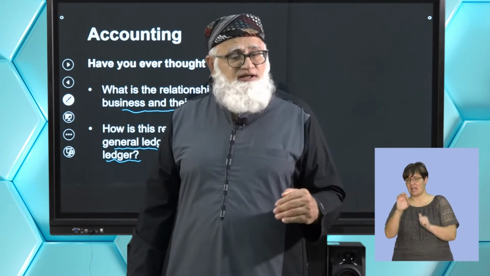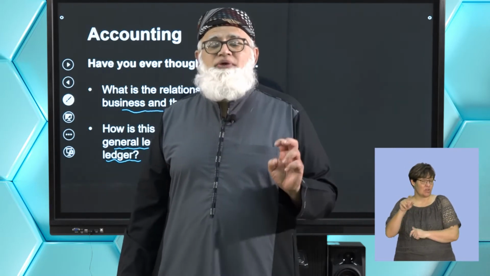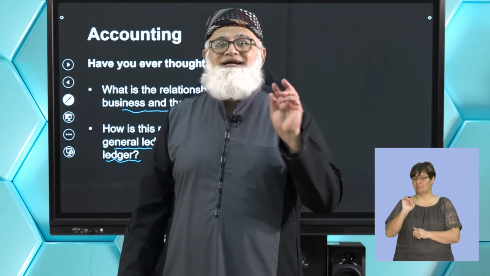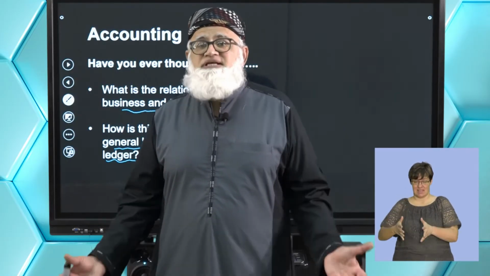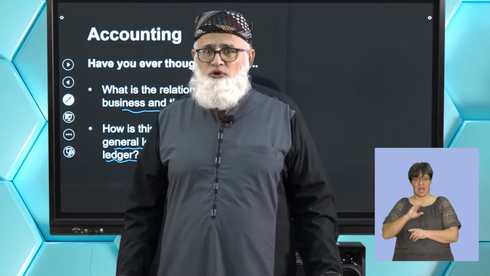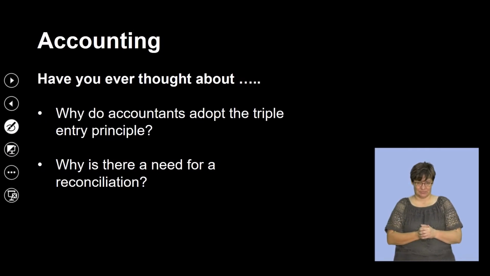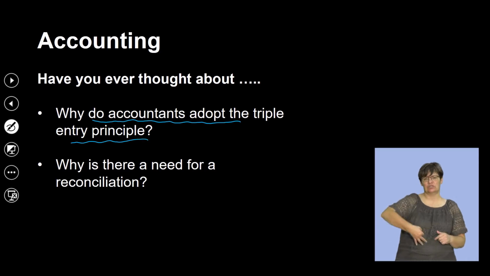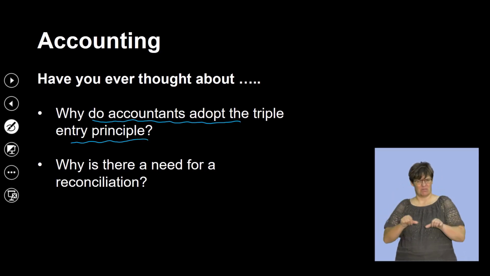In this case, the subsidiary ledger we are dealing with is your creditors ledger. Obviously, we're dealing with creditors control. Therefore, the question arises, why do the accountants adopt the triple entry principle? Why the triple entry principle?